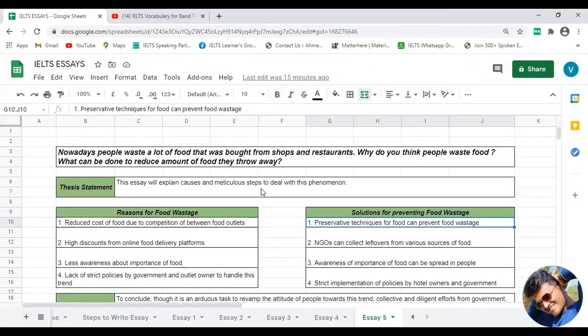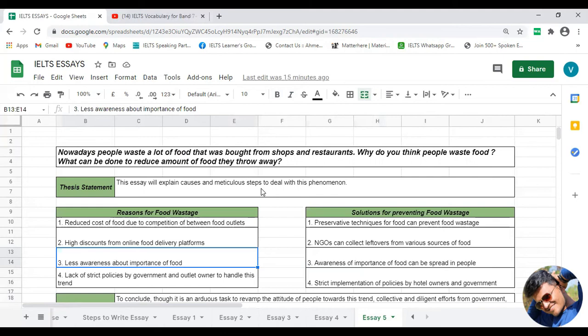Guys, whenever you write a problems and solutions kind of essay, if you have reasons, then the solutions for those reasons would be your third paragraph, in a very simple way. For example, we have added less awareness of the importance of food.